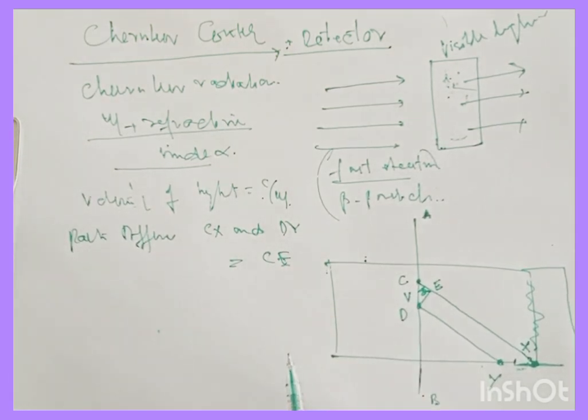Now, if the time taken by the light to travel from C to E is equal to the time taken by the electron to travel from C to D, then the points D and E should be in the same phase, and the two rays we have chosen should reinforce each other.